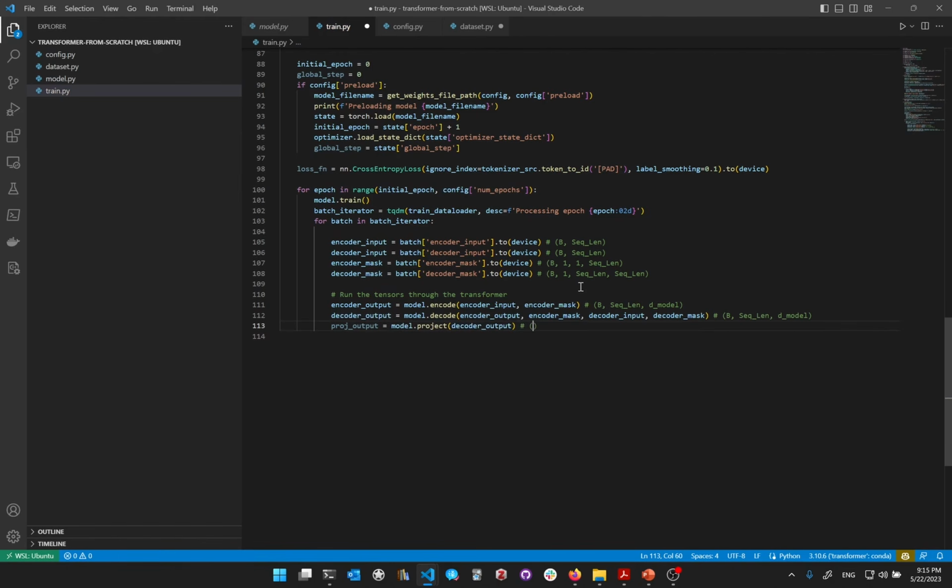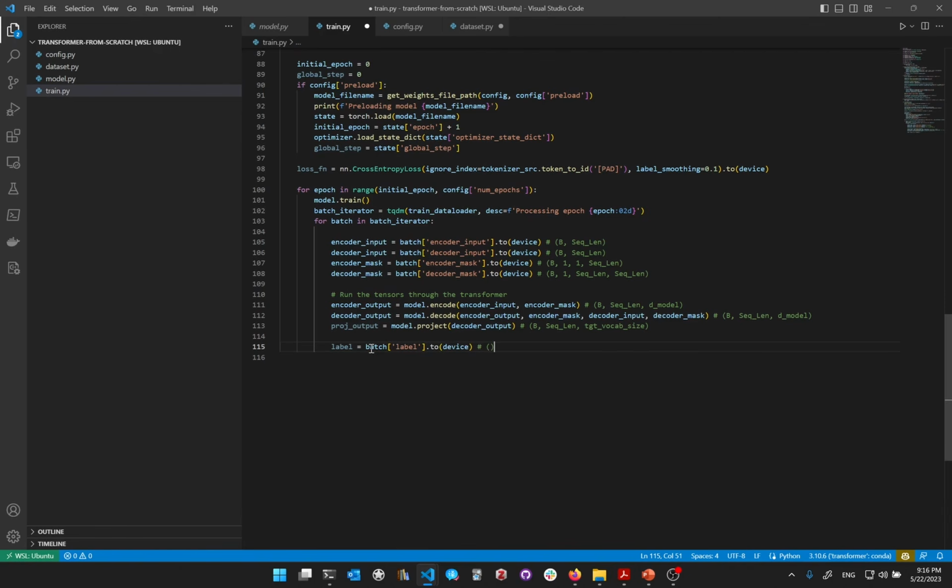And this will produce a B, so batch, sequence length and target vocabulary size. Okay, now that we have the output of the model, we want to compare it with our label. So first let's extract the label from the batch, and we also put it on our device.